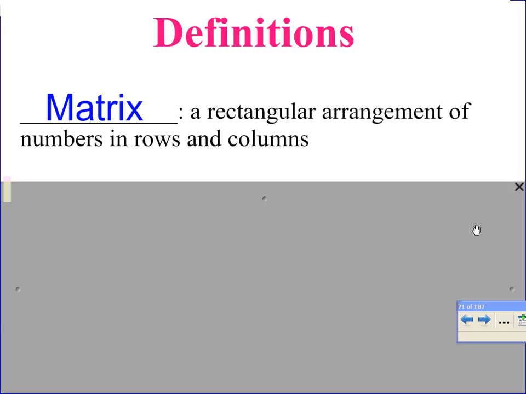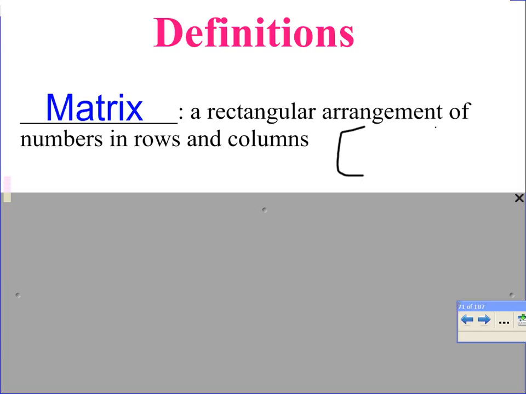And I'm just going to draw one. So there's an example of a matrix. Have you guys ever seen that in math? It's like big brackets with numbers in it.